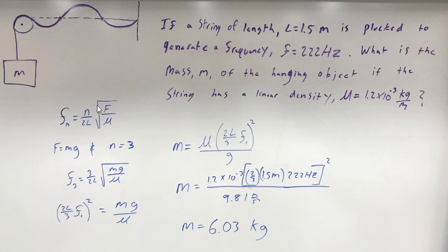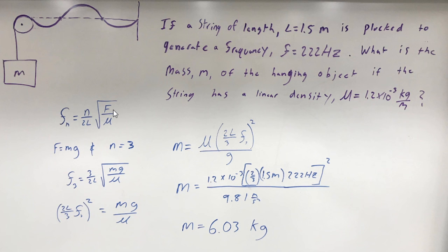Well, in this last slide, we know that if we have a standing wave, a wave that fits perfectly within the length of our string, we have a frequency dependency on how many antinodes we have, equal to n over 2L times the square root of F over mu, which is just our representation of velocity. We don't know our tension in this problem.